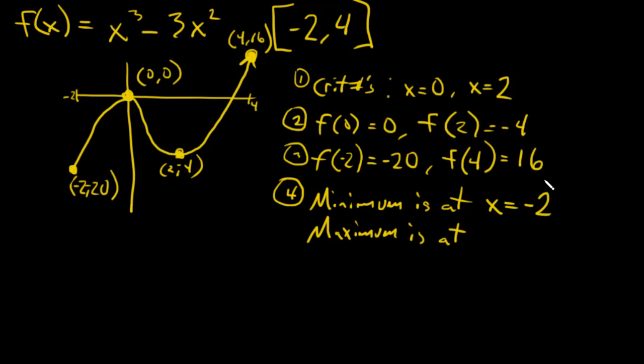Well, out of all of these 4 numbers, 16 is the largest, so that one is at x equals 4. And that's it. Those are my extrema for this function on this interval.